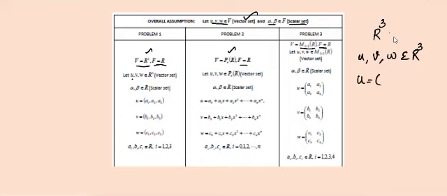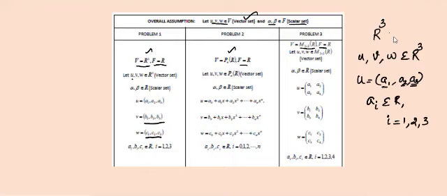U will be a three-tuple A1, A2, A3, V will be B1, B2, B3, and W will be C1, C2, C3. The condition is that these must belong to the real numbers; that is, Ai belongs to R, where i equals 1, 2 and 3.